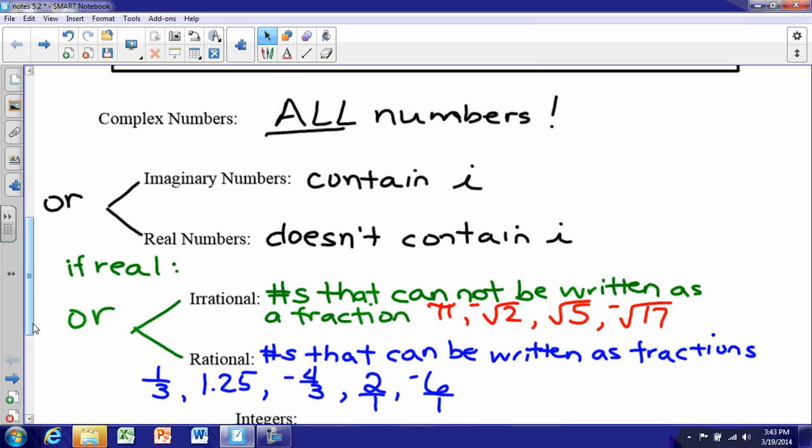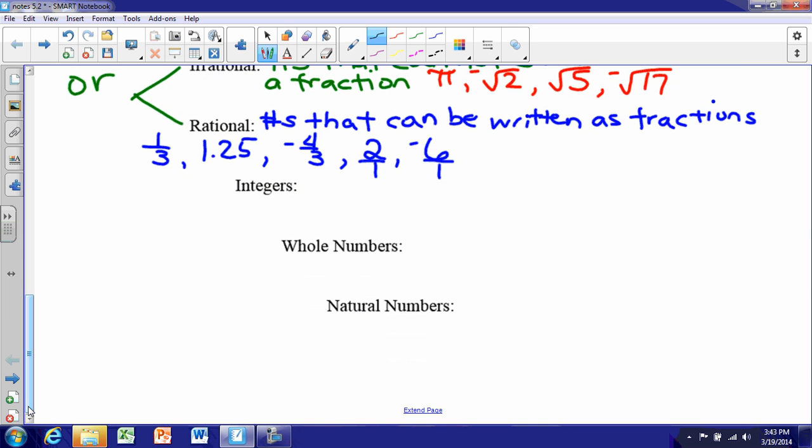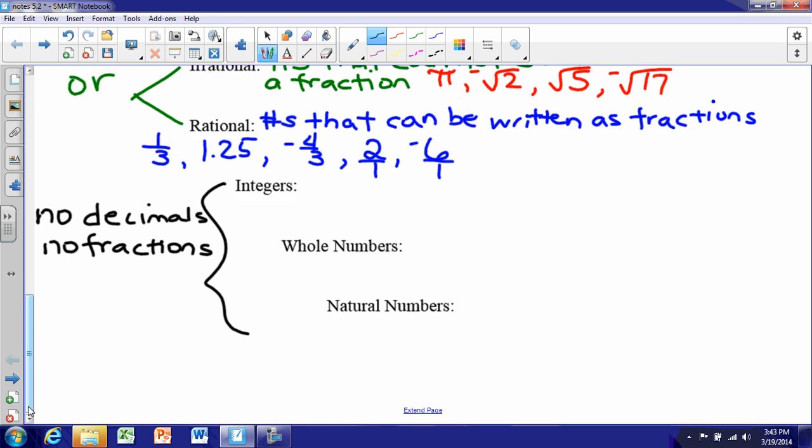Okay, now, if the number you have happens to be rational, you can also subcategorize it into integers, whole numbers, or natural numbers. Now, for all of these, that's no decimals and no fractions. Okay? So we tend to use the word whole numbers a lot for things that are not decimals and fractions, but whole numbers are its own category. Right? Whole numbers start with 0 and go only in the positives forever and ever.